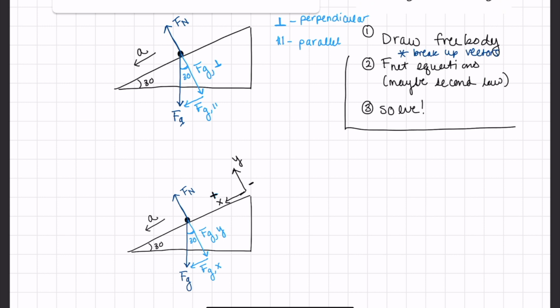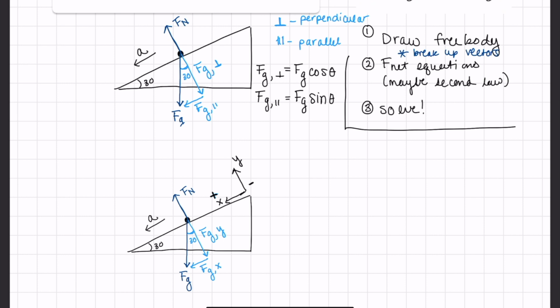I'll go ahead and use the perpendicular components, but we can say using trig functions, this would be FG perpendicular equals FG times cosine theta, FG parallel equals FG sine theta.